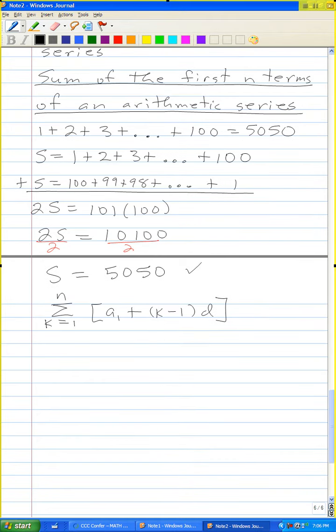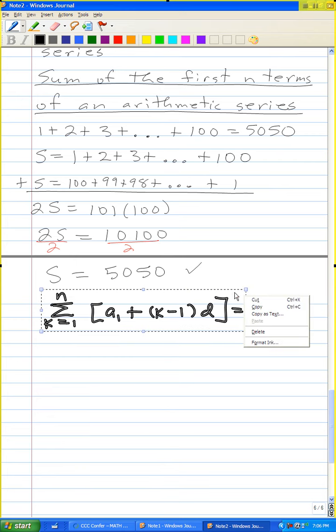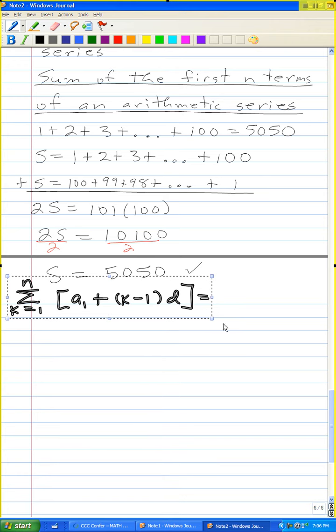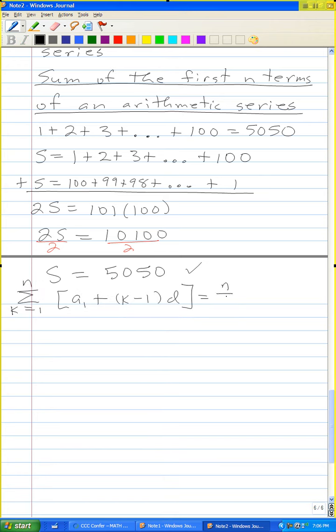Then you'll get that this is equal to n over 2 times a1 plus an.